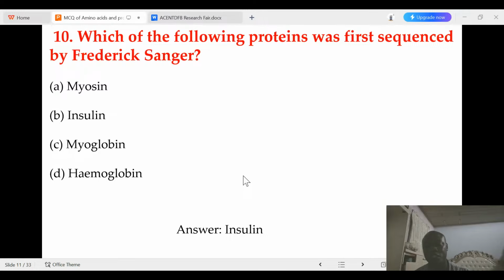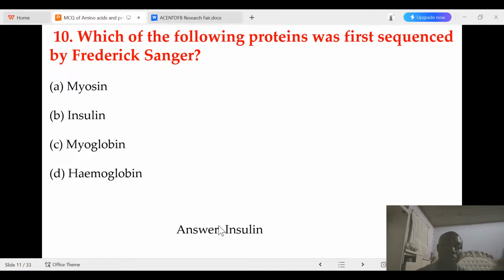When you say protein sequencing, it means determining the amino acids that are exactly present in a particular protein. So the answer is insulin. Insulin was the first protein that was sequenced by Frederick Sanger.